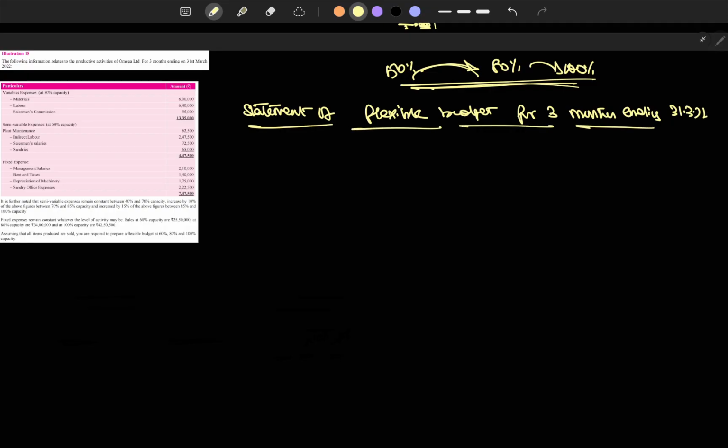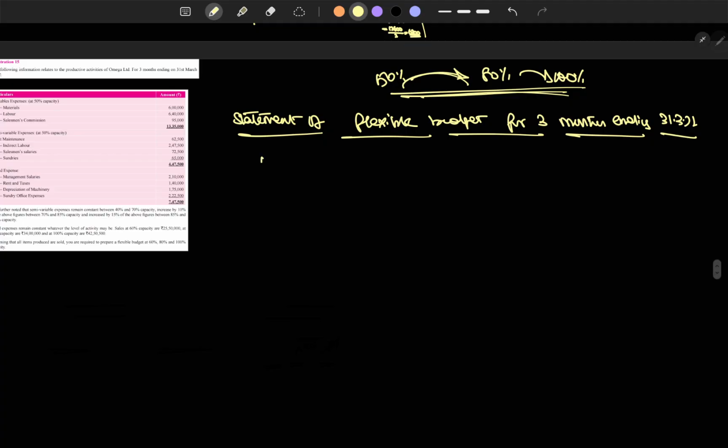Okay, particulars. 60 percentage capacity level. Okay, and then 80 percentage capacity level, and then 100 percentage capacity level, right?